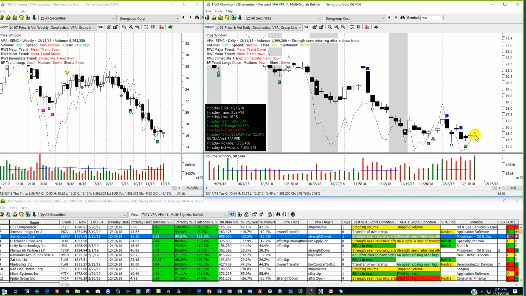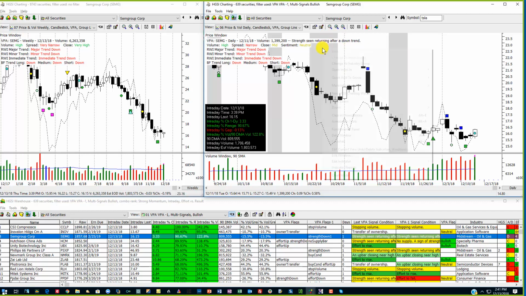The group started to move up. And here's the flag 2 days ago, and we're getting a confirmation on an effort to rise on a big volume spike. That volume spike, intraday percent volume to the 90-day moving average volume, is over here, and it's 122% above normal volume. That normal volume is represented by the blue line in here.